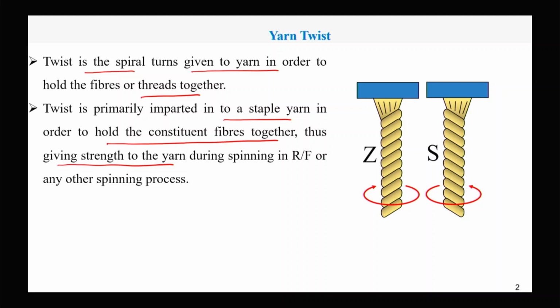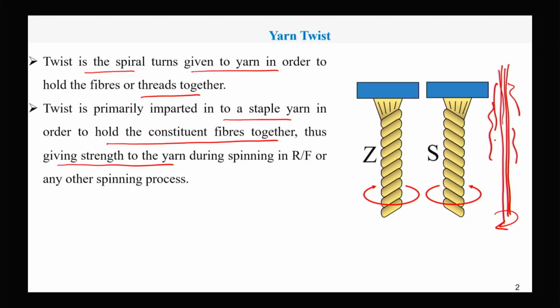But in case of filament yarn also, although strength will not get affected, without twist we can also get strength, but during the processing the filament can get separated.